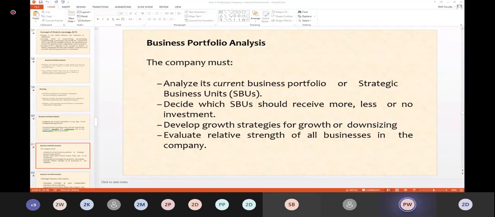That we'll have to understand and analyze through this strategic business portfolio analysis.